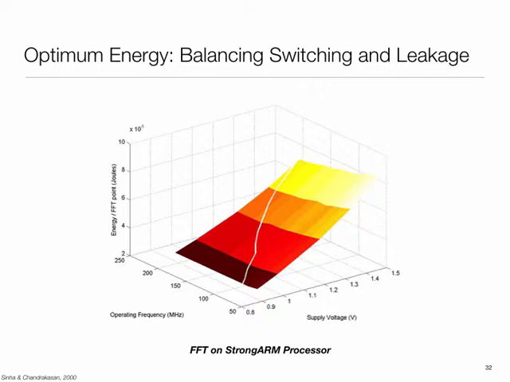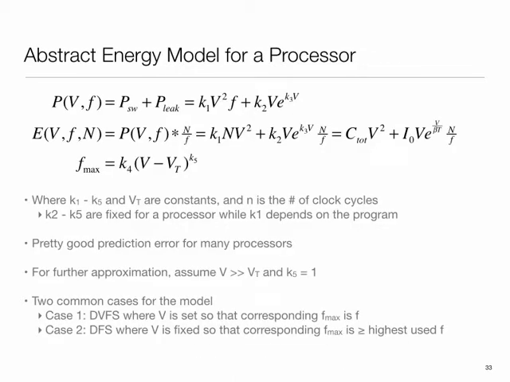So what all of that leads to then is, could we now make use of these insights to develop some sort of a higher level model for, let's say, a processor. Ignoring the other two types, the short circuit current and all, essentially we can say that the power consumption of a device like this is a function of voltage and frequency, and that is in turn made up of the switching component and the leakage component.